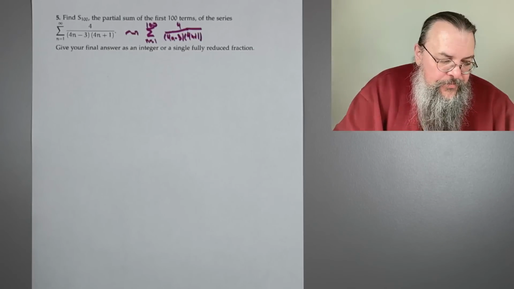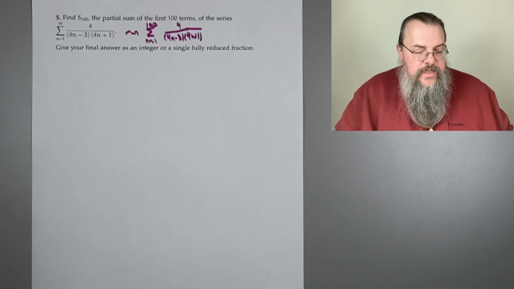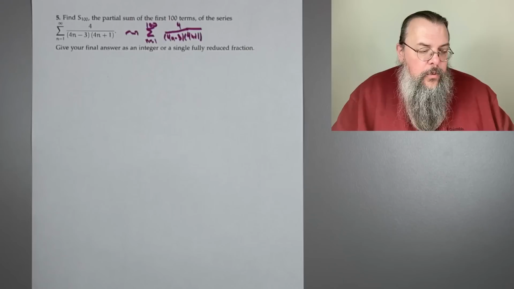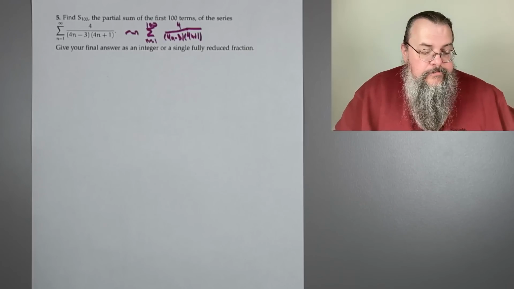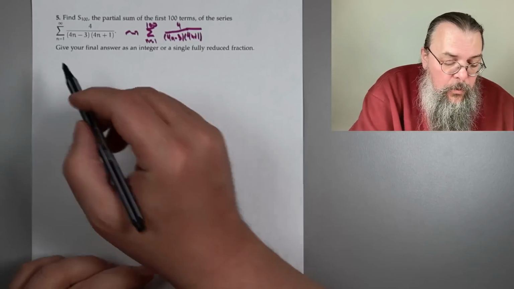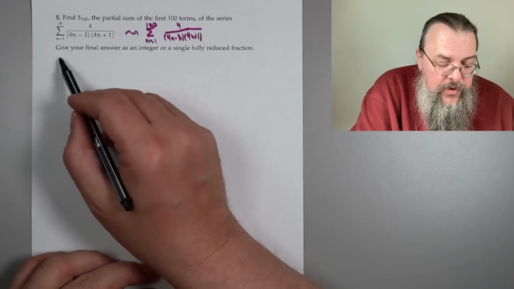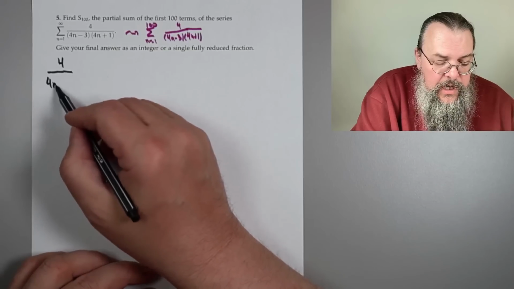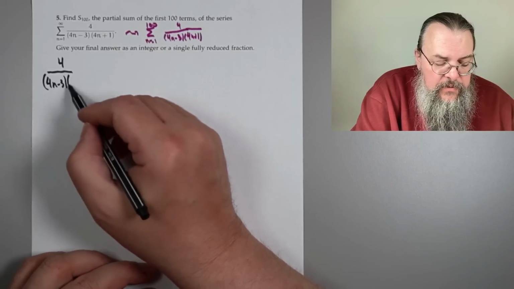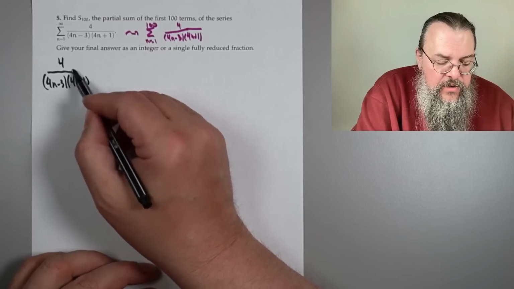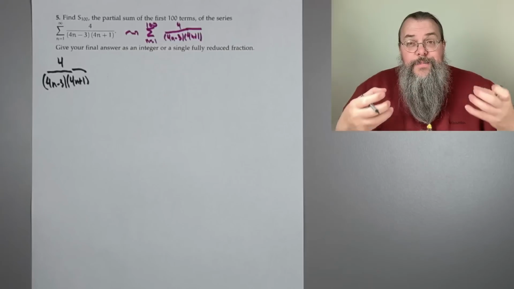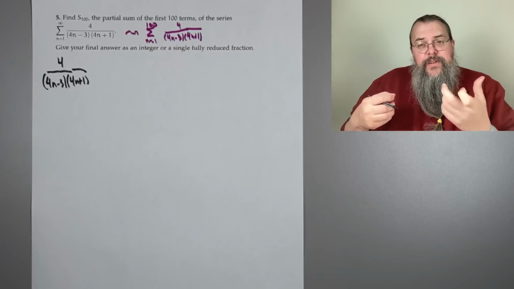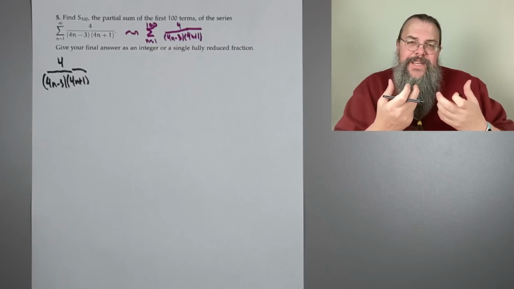All right, so let's see what we can do. We want to focus on an individual term, 4 over (4n minus 3)(4n plus 1). What we'd like to do is pull it apart, so you have a little something plus and a little something minus.